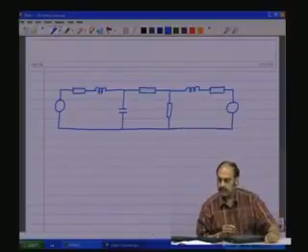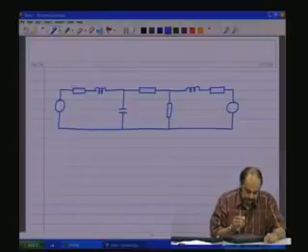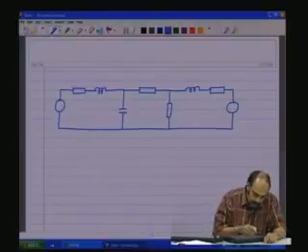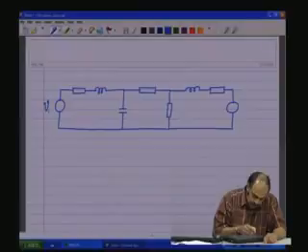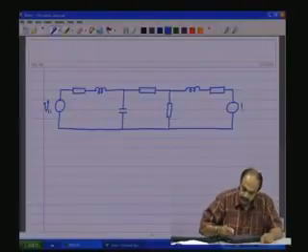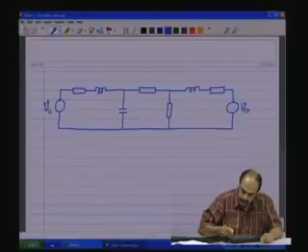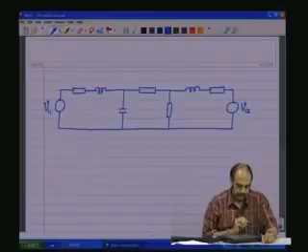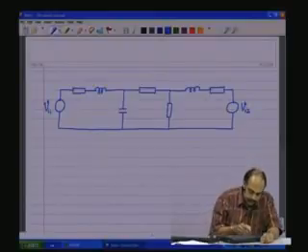So, we could consider a circuit which is something like this. We have a source VI1 and another source VI2, two sources. Let us have the parameters.